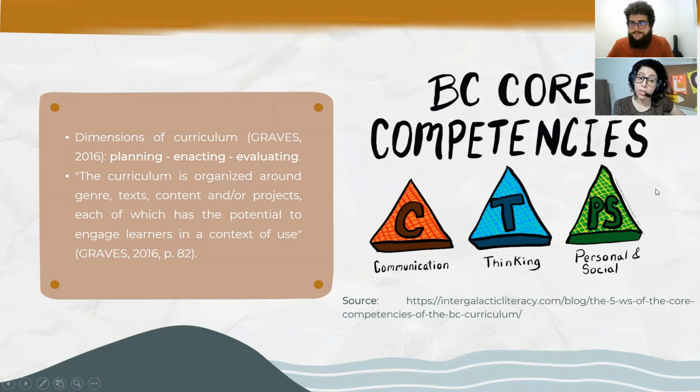We also have the hidden curriculum, which is the unwritten. But Graves says that planning, enacting, and evaluation are three important processes that are connected.